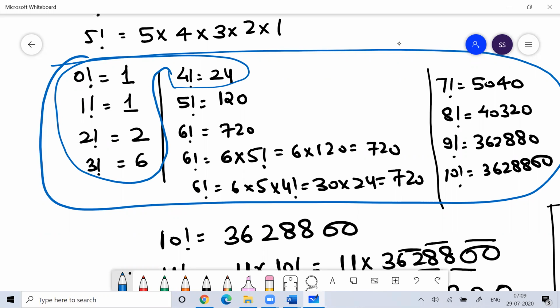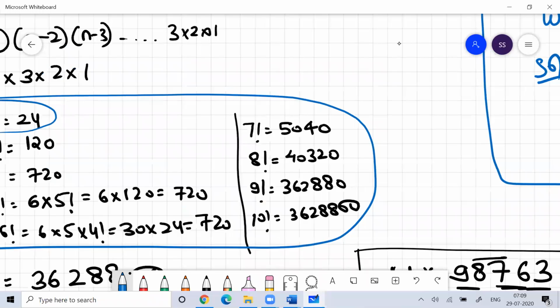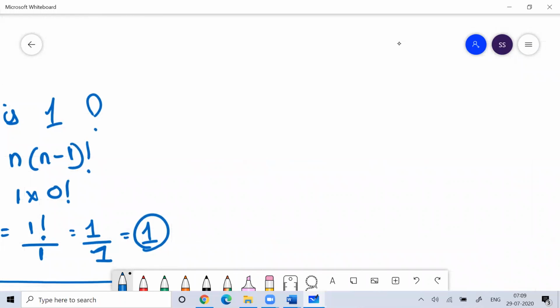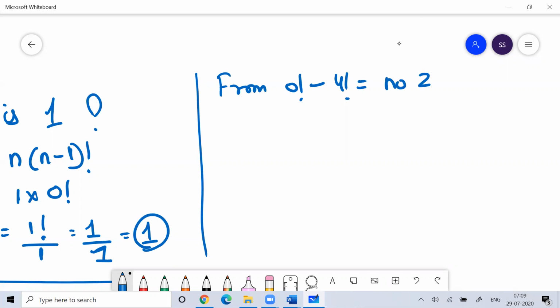And from 5 factorial to any n factorial, all the numbers will end with 0.